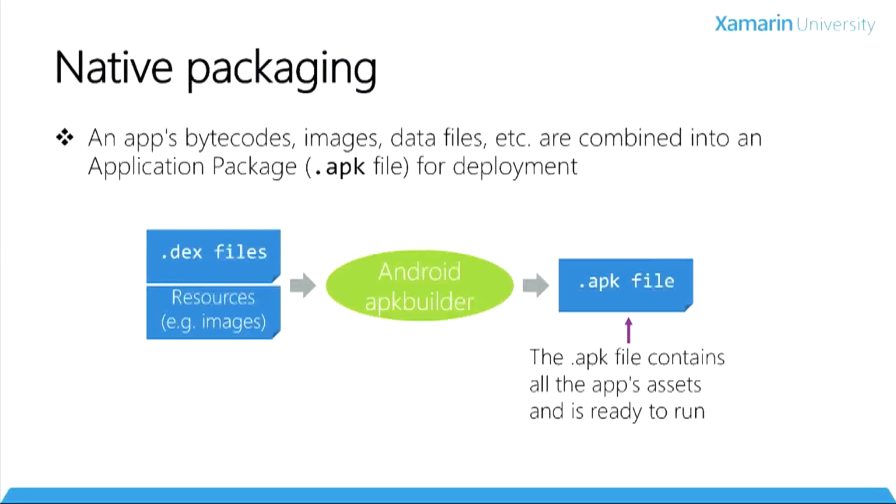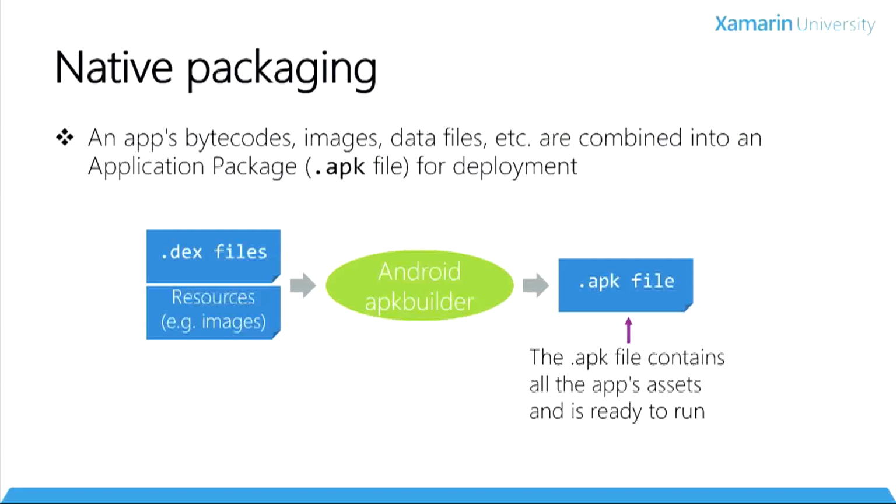Those Dalvik bytecodes are the executable format needed by Android. Those bytecodes are combined with all your resources, like your images, into a single file with an APK extension. And APK stands for Application Package. So that's the entire contents of your app ready for deployment.